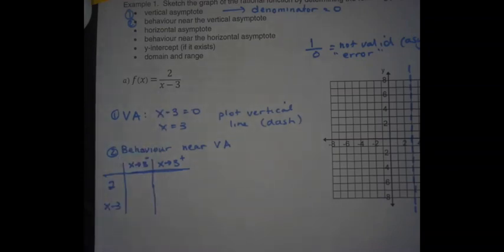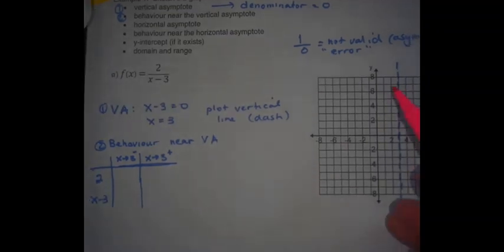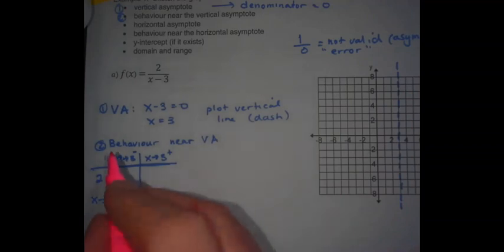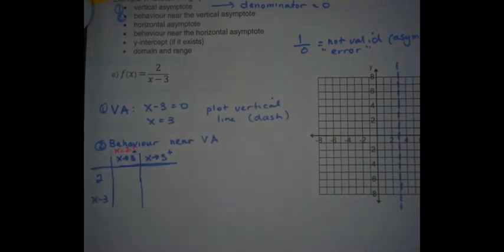If I look at this, let's pick a number that's really close to 3 on the left side. Let's say we pick x equals 2.5, just below it. The 2 is positive. If I put that in there, 2.5 minus 3 is going to give me a negative answer.